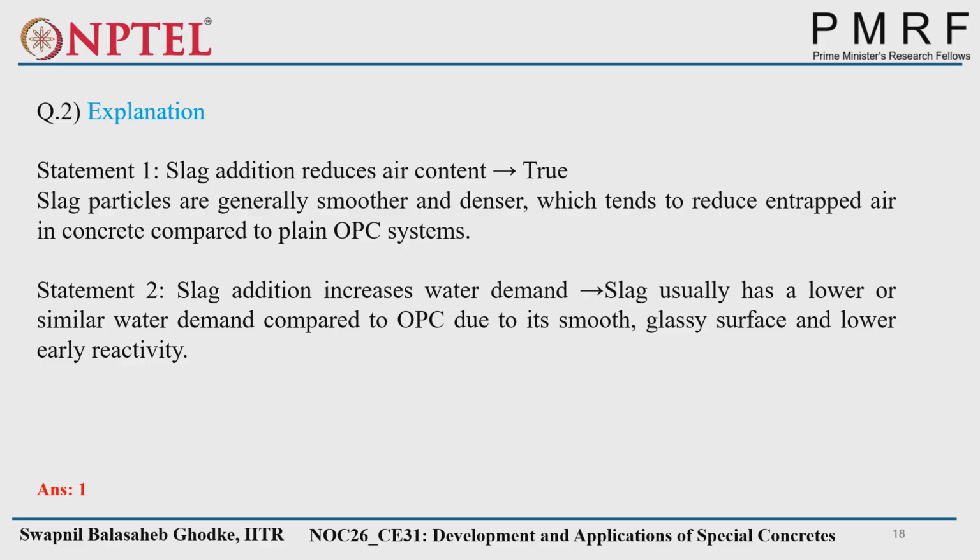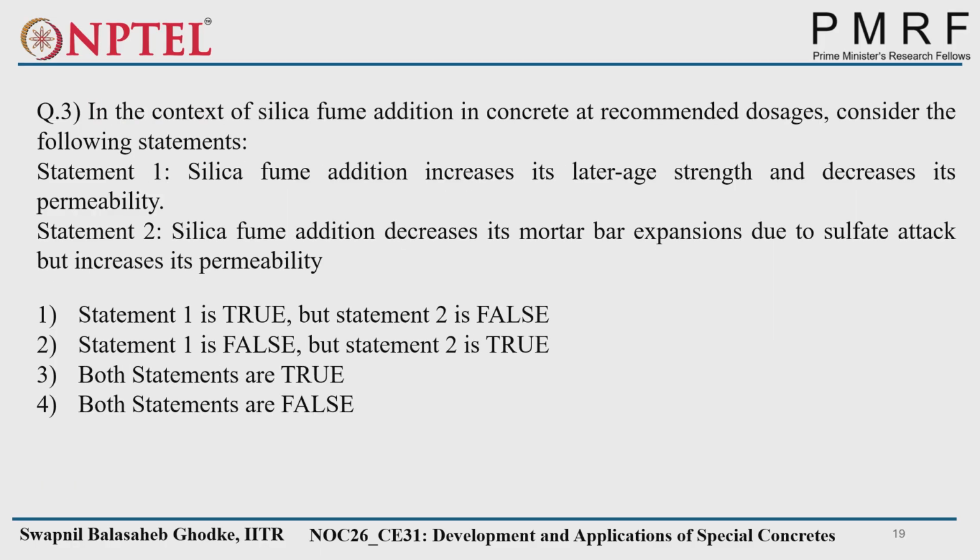Slag usually has a lower or similar water demand compared to OPC due to its smooth, glassy surface and lower early activity, because it reacts later, once CSH is there. So it will not increase the water demand in the initial phase.